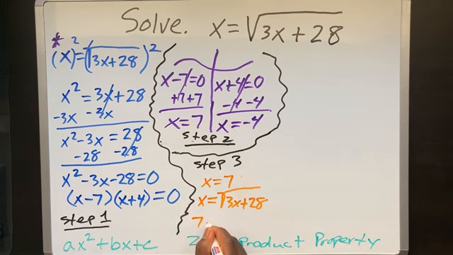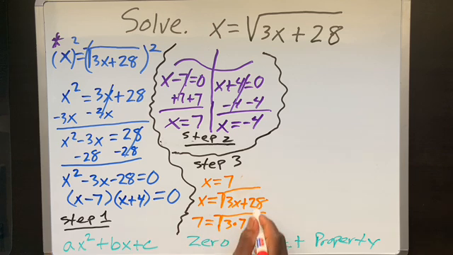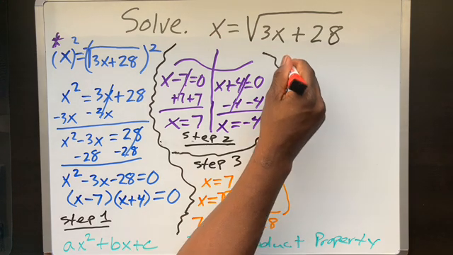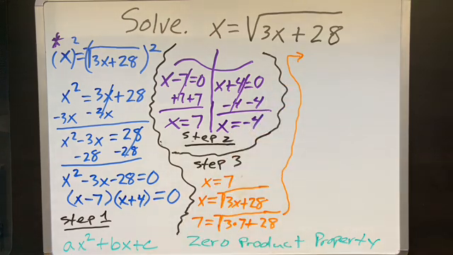So then we get 7 equals square root of 3 times 7, plus 28. Nice. So let's go ahead. I'm going to move this up here and imply that this is our next step.